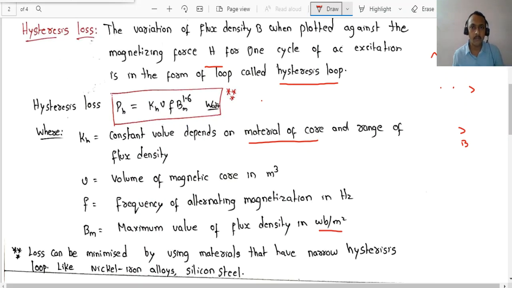Because of that, the losses will be less. If you are going to use nickel iron alloys or silicon steel, the hysteresis loss can be minimized.